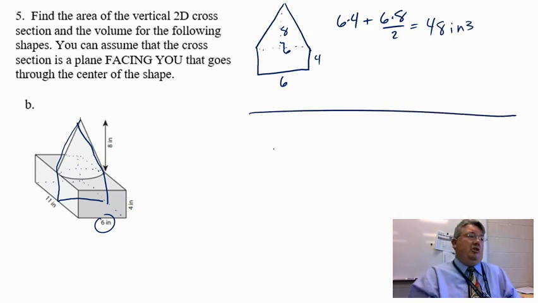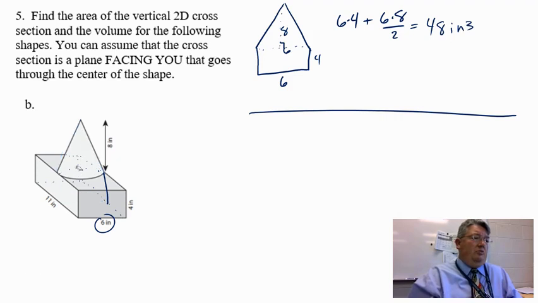There's my cross-section area. Now, the volume, that is going to be this rectangular prism down here in the bottom. So I'm going to call that my rectangular prism plus my cone.